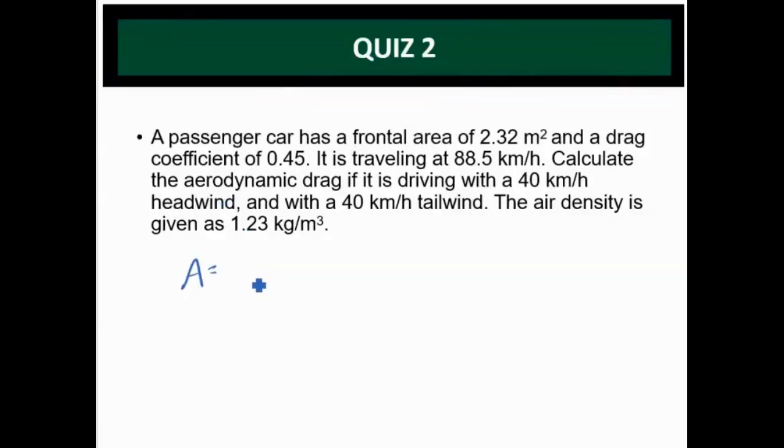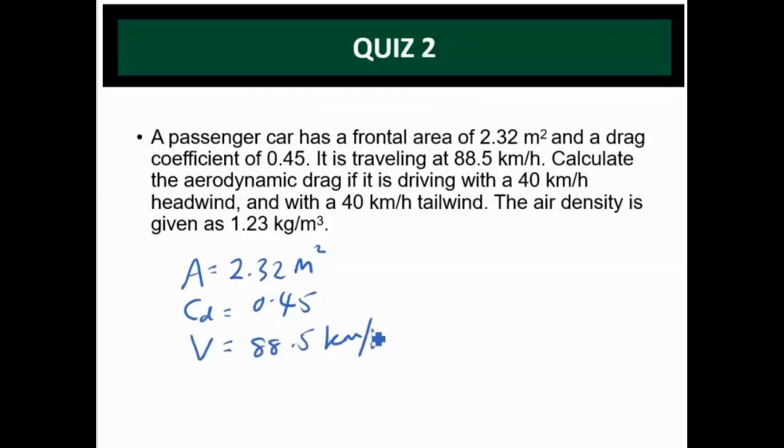Okay, the frontal area of the vehicle is 2.32 meters square, meaning that A lah. The coefficient CD is 0.45 and travelling speed is 88.5 km per hour. Soalan dia, calculate the aerodynamic drag.